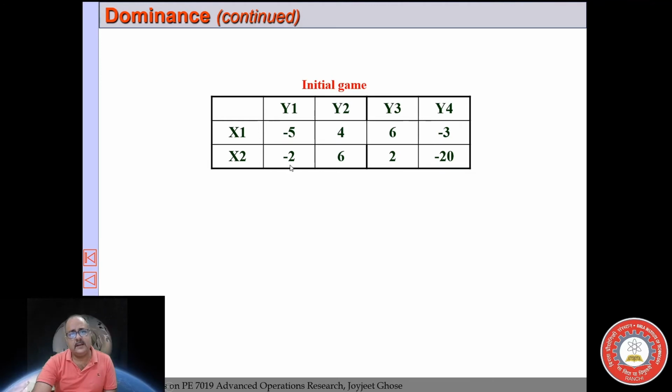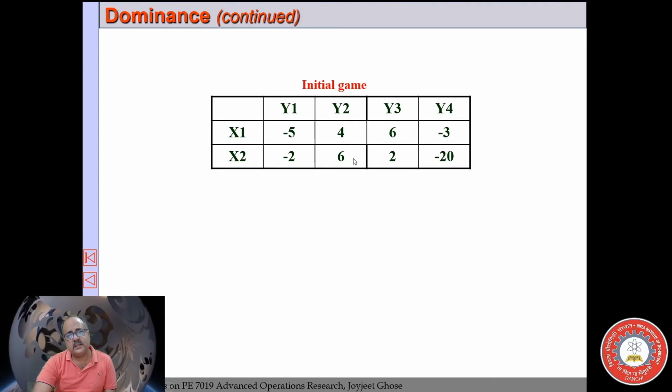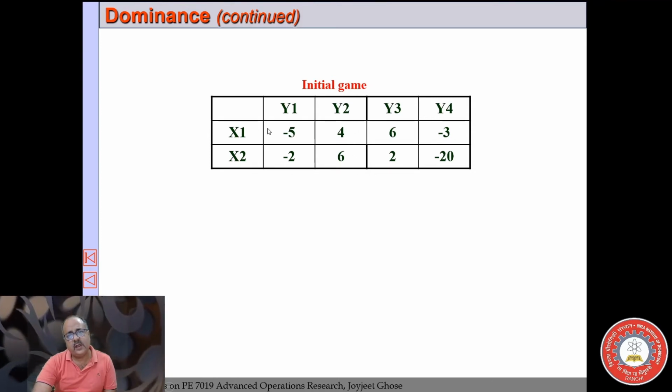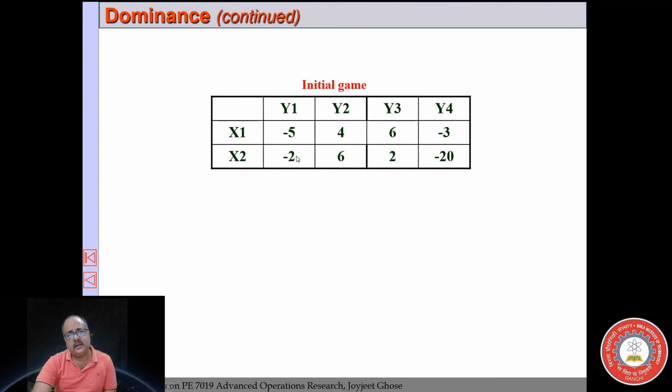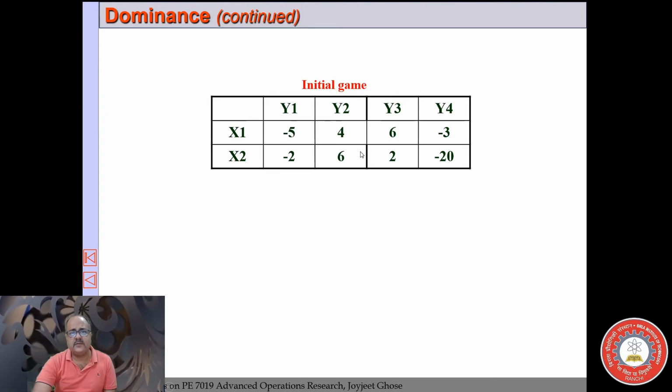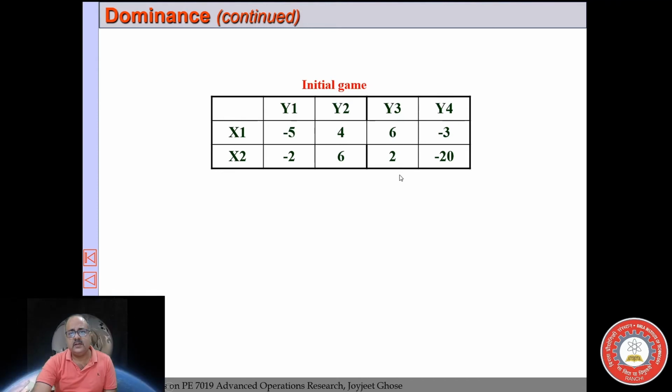You can see here these values, -5 is less than 4, -2 is less than 6, or rather 4 and 6 are greater than -5 and 2. So y2 is dominated by y1. Again similarly 6 and 2 are greater than -5 and -2, so I can eliminate this. So y2 will be eliminated, y3 will be eliminated.